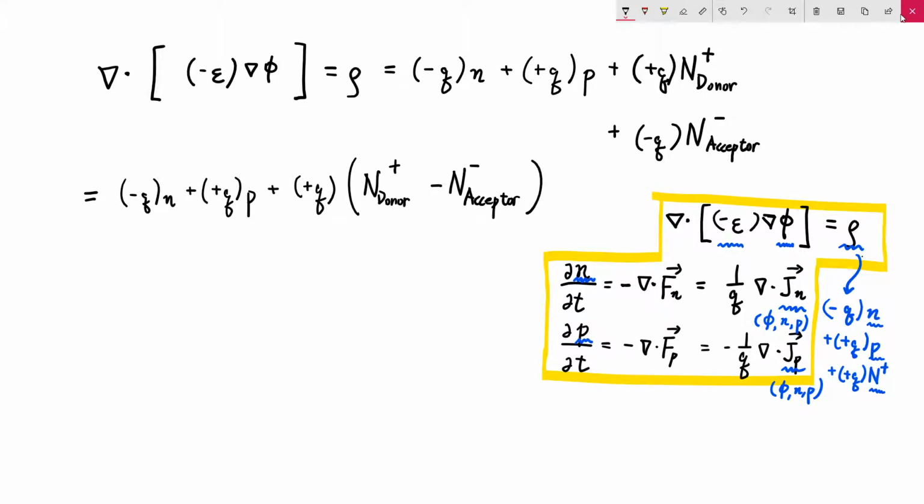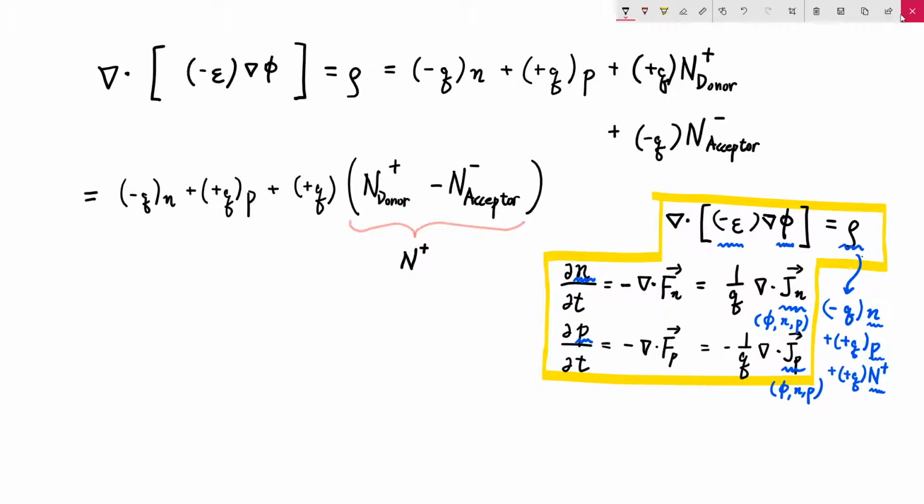Let's call this difference between the two quantities just n plus, or whatever. You may introduce any proper subscript for better understanding.